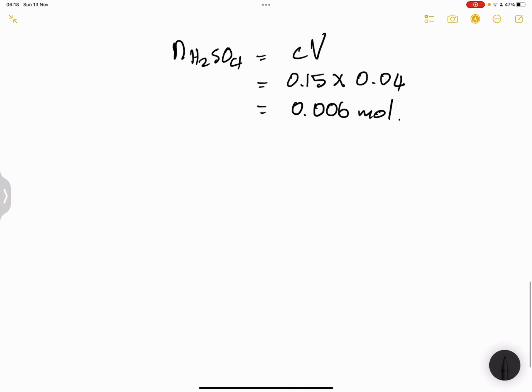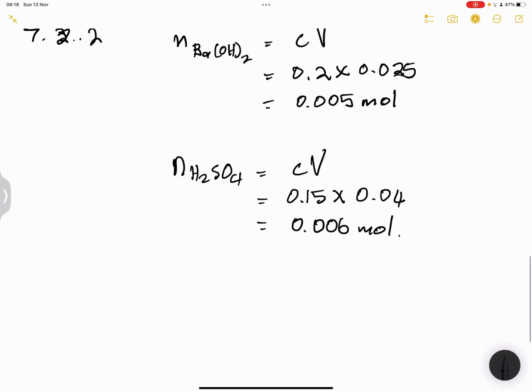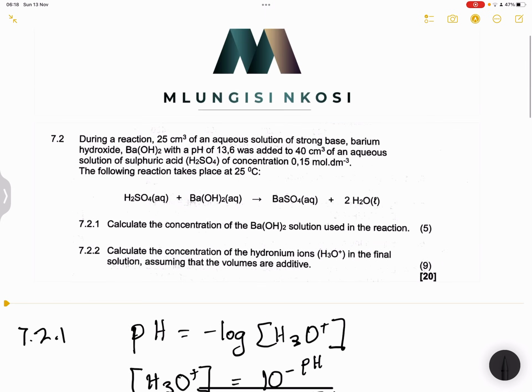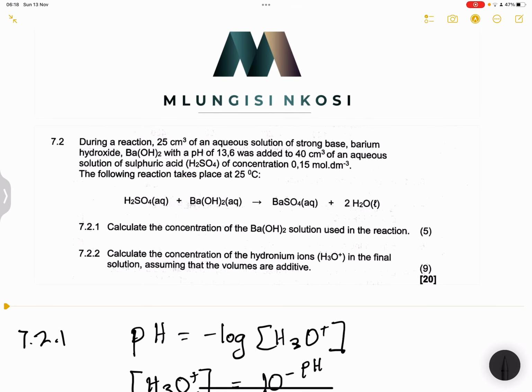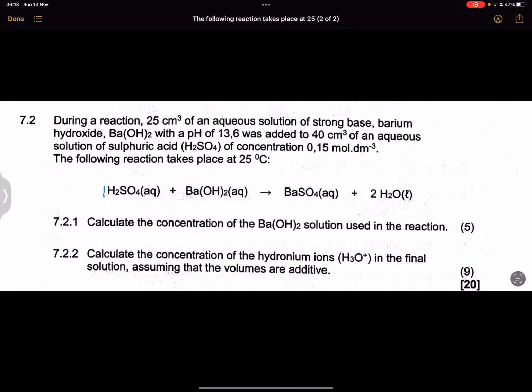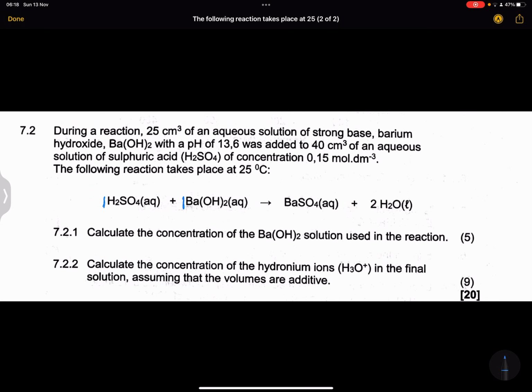Let's find out how much sulfuric acid will be in excess. Going back to the reaction, for every 1 mole of sulfuric acid you've got 1 mole of barium hydroxide.